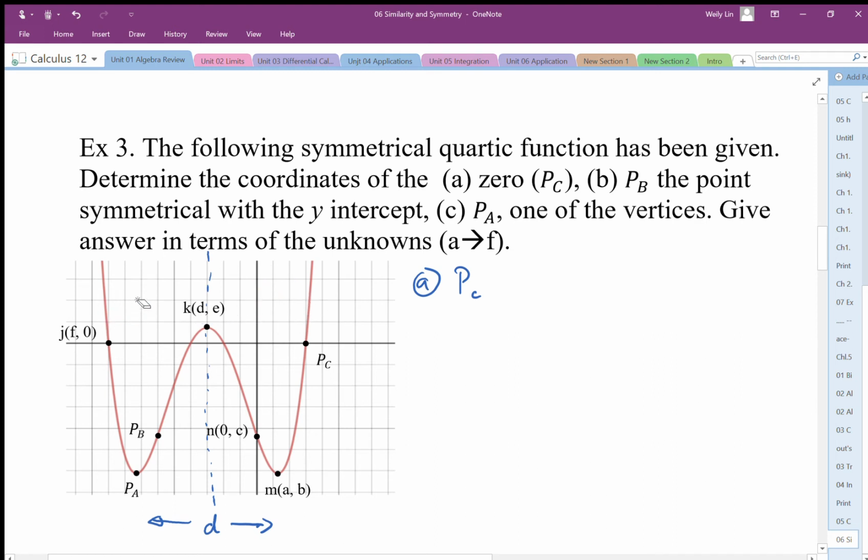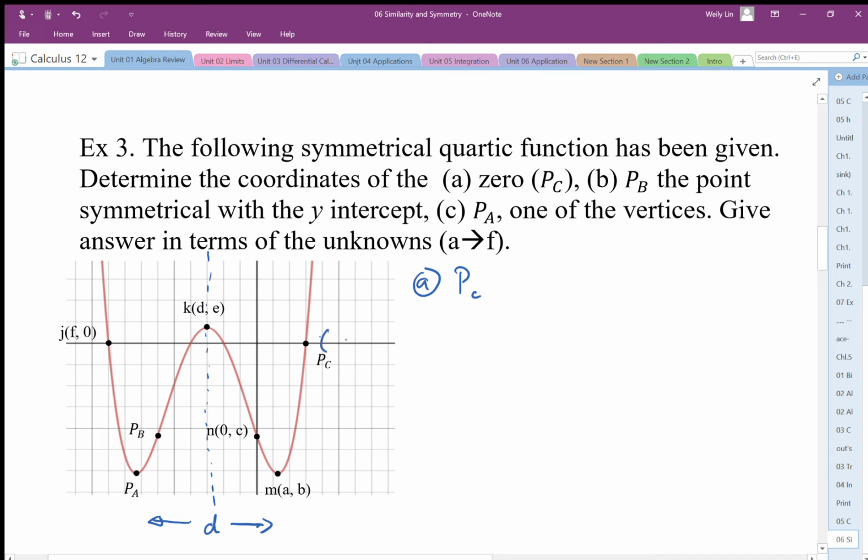So we can use vectors and we can use distances to do this, but you got to make sure you understand when you're talking about a distance and how to find distance. We always find distance or displacement by subtraction, and we use that displacement in the other direction to get to that point. So I'm going to do something slightly different.